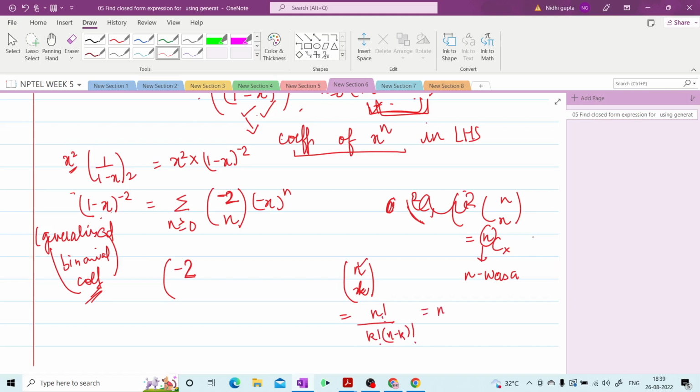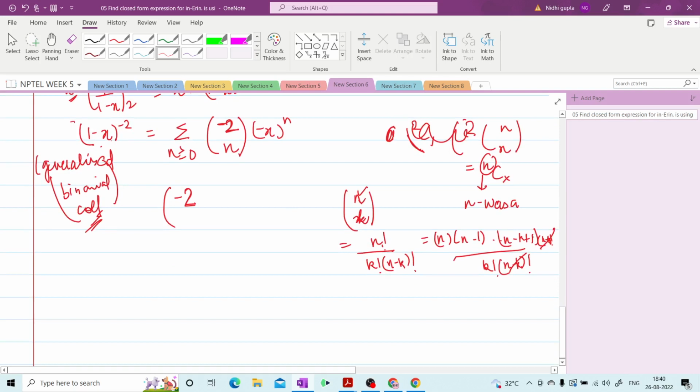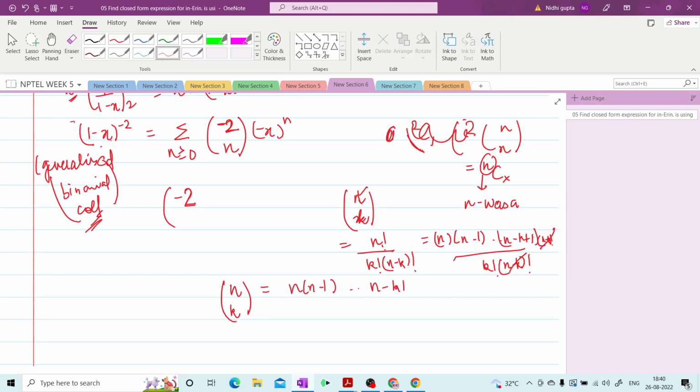But what does make sense is that this term can be written as n into (n minus 1) into ... into (n minus k plus 1) into (n minus k) factorial, by k factorial and (n minus k) factorial. So these two terms get cancelled.